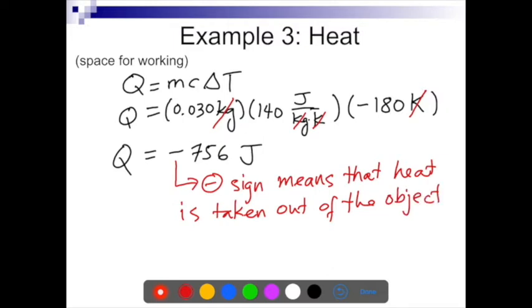And since heat is taken out of the object, that means that that object, the mercury, cooled down, and that's why its final temperature is less than its initial temperature.